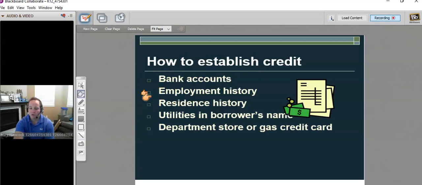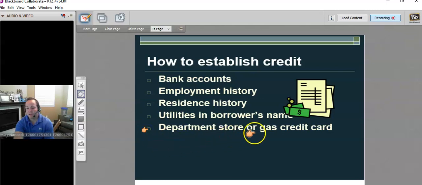Employment history: if they know that you have a job, they know you have some money coming in. If you live in a certain house for a long time, that shows that you're usually not having to go from place to place, and you develop good credit like that. Utilities in your name, like phone and electric bill, show a permanent residence, that you're not going to just leave town and not pay them back.